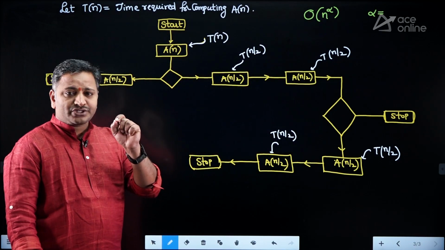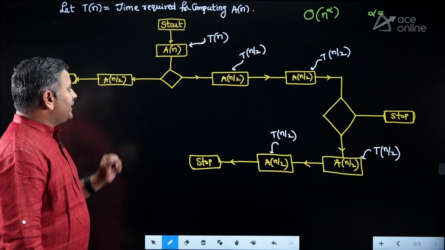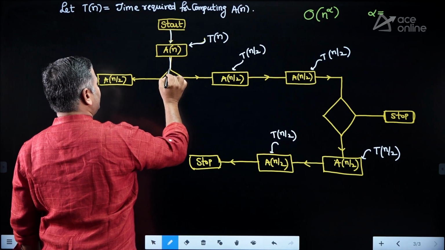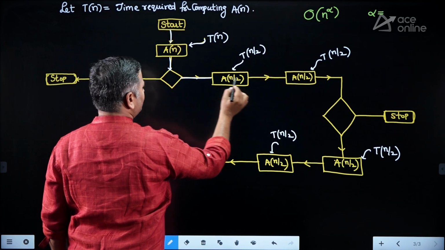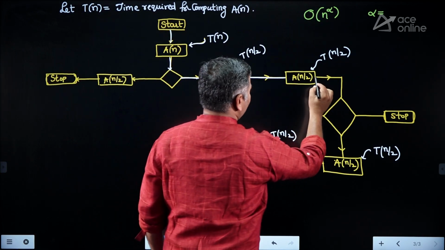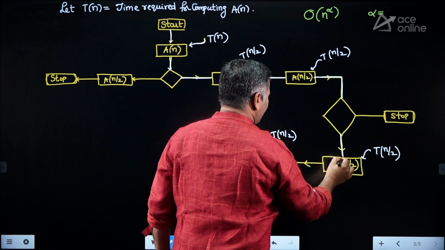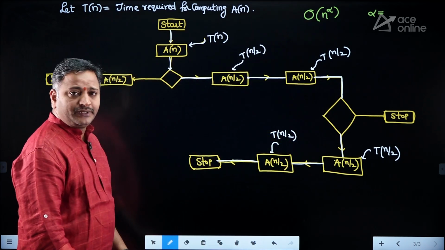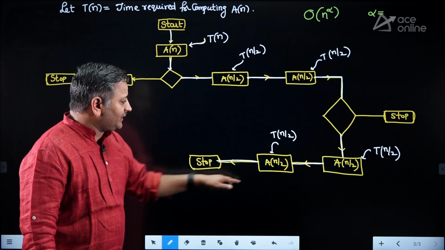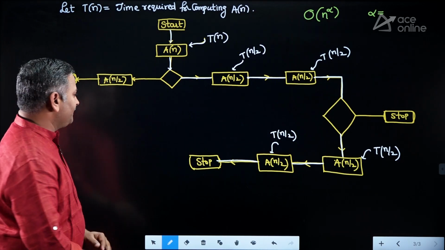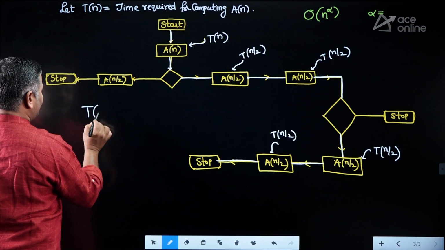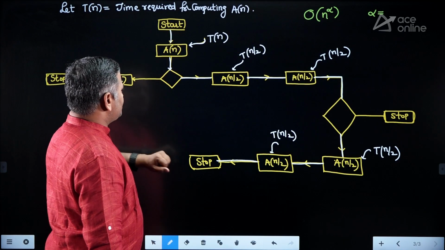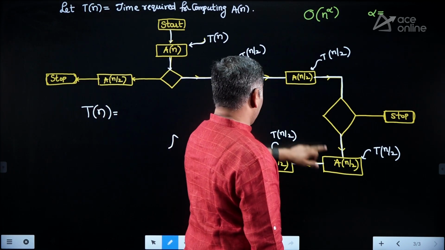Since they are focusing on worst case time complexity, in this flow chart the worst case will occur only if I start from here and move towards the right and then downward. It will take more iterations in this path. Therefore it is the worst case time complexity. So T of n is equal to, see how many times you are taking: 1, 2, 3, 4.